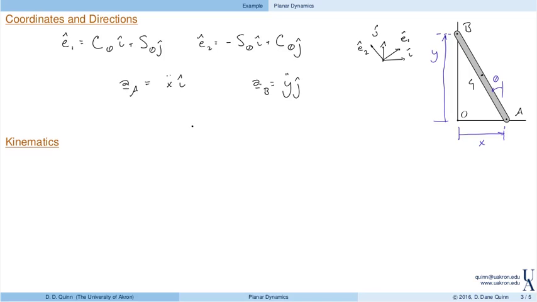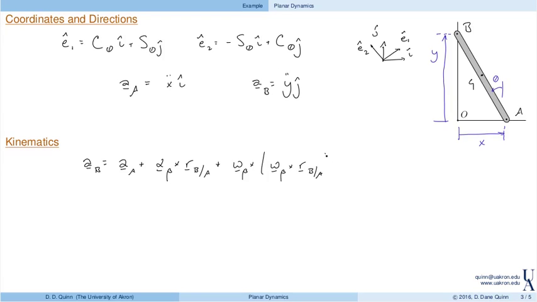We'll express those constraints in terms of the kinematics. So again, notice that A is constrained and B is constrained, so we can relate the accelerations of those two points. We'll write the acceleration of B is equal to the acceleration of A plus the angular acceleration of the bar cross r of B with respect to A, and then omega cross omega cross r.